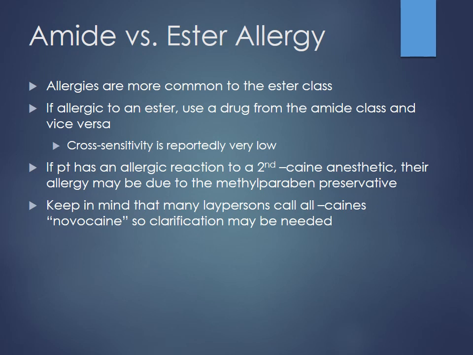The nice thing is that the cross-reactivity is fairly low between the two. So if I had a patient who received benzocaine and ended up getting anaphylaxis from that, you could give them lidocaine and they would have a very low chance of cross-reactivity, due to that ester classification of the drug.